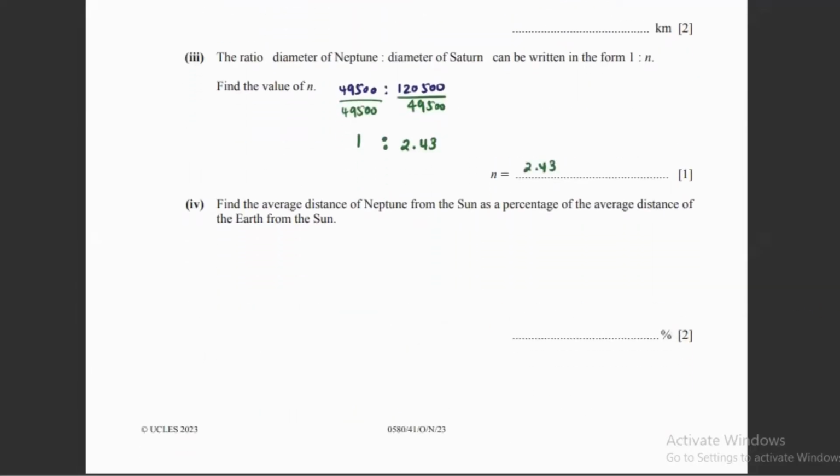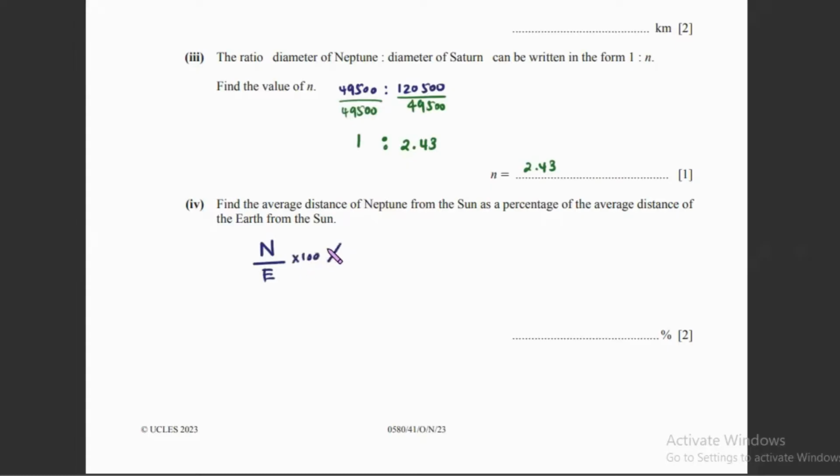In question 4, find the average distance of Neptune from the Sun as a percentage of the average distance of the Earth from the Sun. So that is, the distance of Neptune from the Sun over the distance of Earth from the Sun should be written as a percentage.